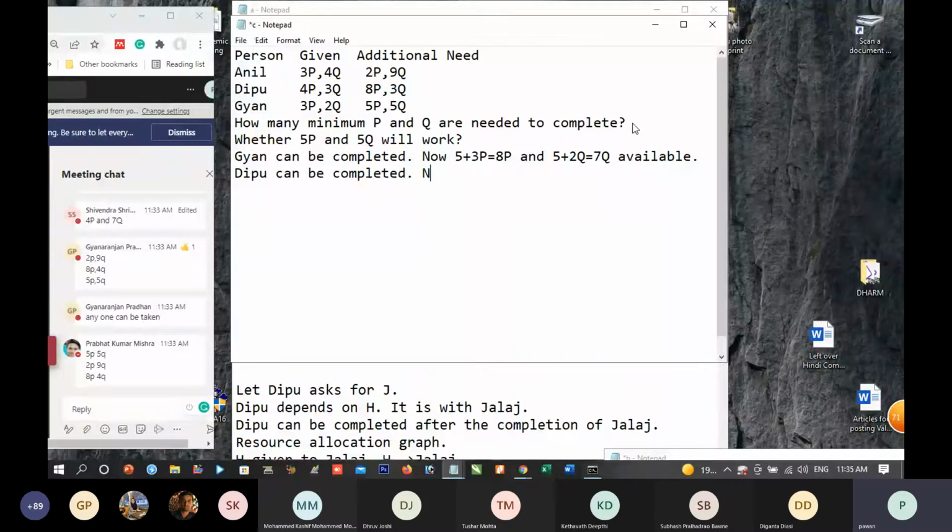Now 8 plus 4 equal to 12P and 7 plus 3 is equal to 10Q available.